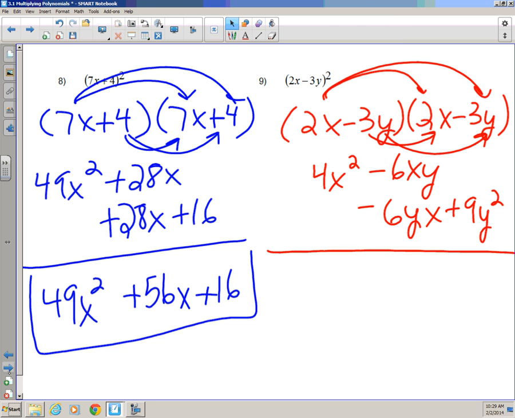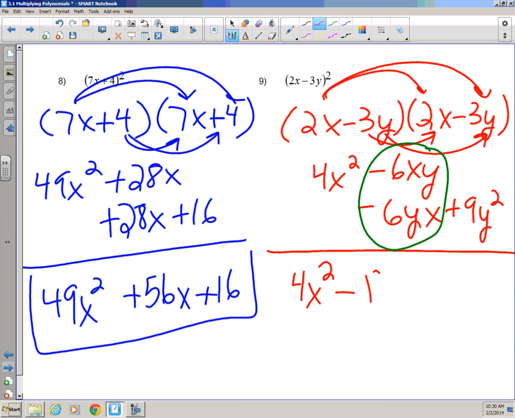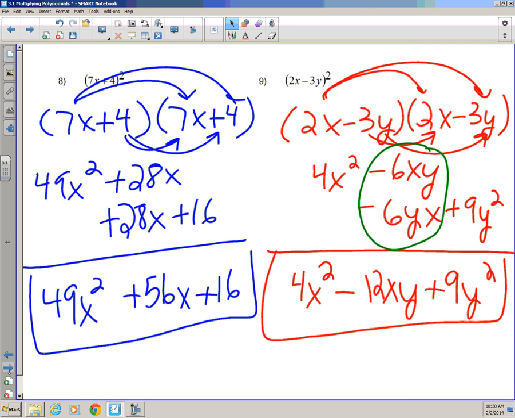Understand that these guys are in fact like terms. I wrote the letters in a different order, but you should remember from the beginning of the year that the commutative property allows you to switch the order. We tend to write things more in alphabetical order. So 4x squared is what it is. Negative 6xy, negative 6xy again, negative 12xy plus 9y squared. Final answer.